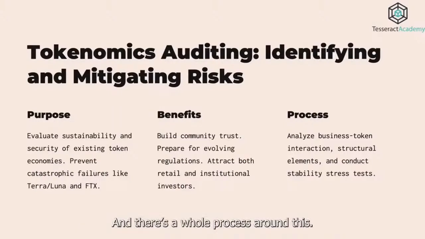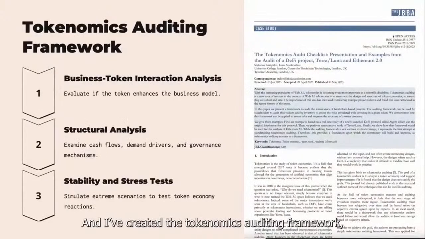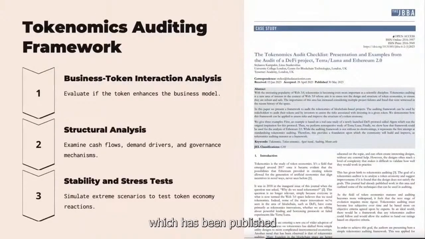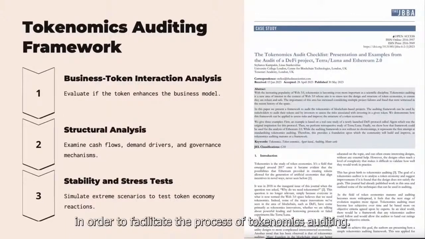And there's a whole process around this. I'm going to elaborate on this in a second, but it comes down to analyzing the business token interaction, performing structural analysis, and conducting simulations as well as stress tests. I've created the tokenomics auditing framework, which has been published by the Journal of the British Blockchain Association, in order to facilitate the process of tokenomics auditing.